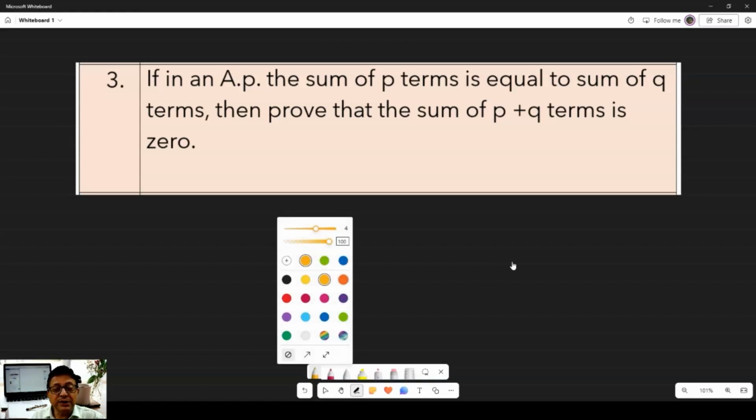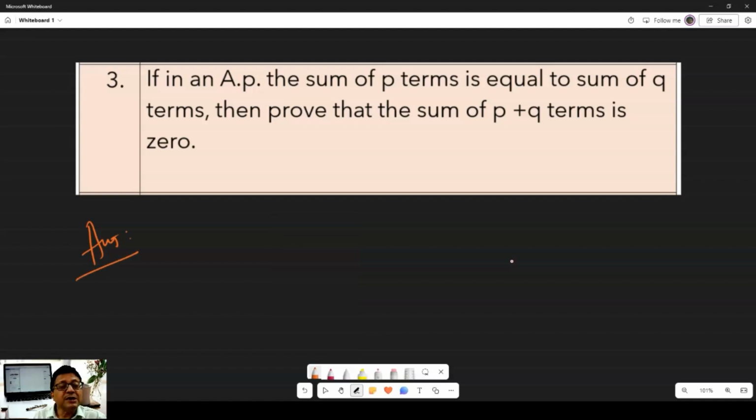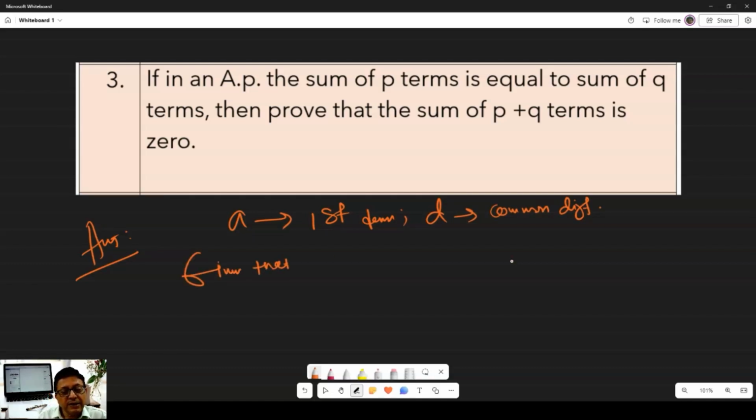So this question I told you, it is a skill based problem. To answer it, we'll assume let A be the first term and D the common difference. Given that SP equal to SQ.